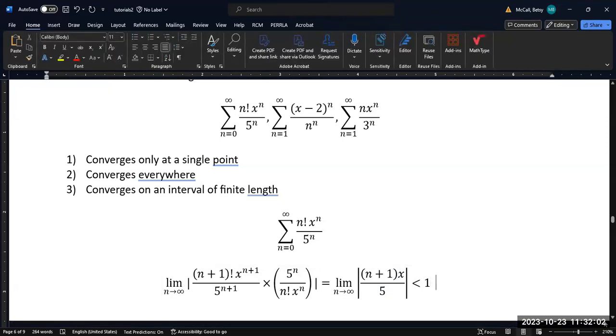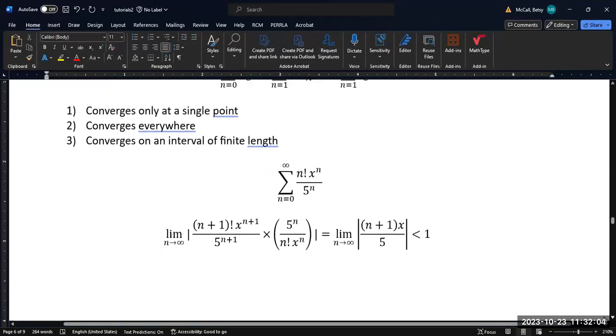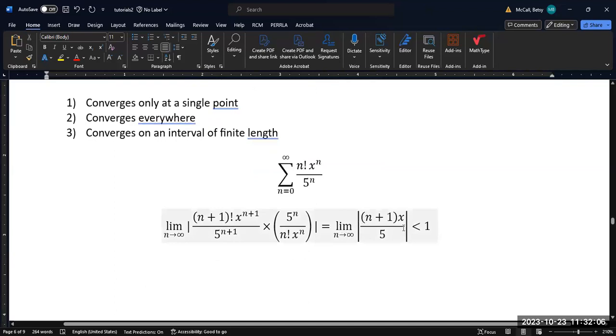Now, where we run into the issue here is that initially, when we let n go to infinity, this limit goes to infinity. And that's true, except in one particular case. When x is any number but 0, then yes, this thing will go to infinity.